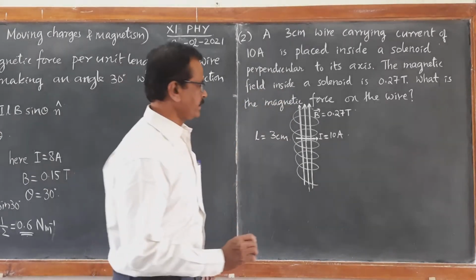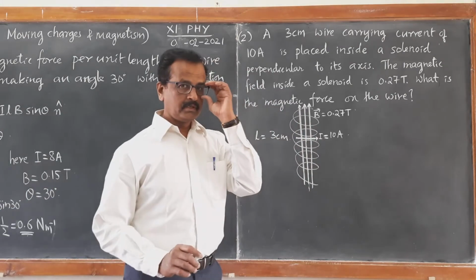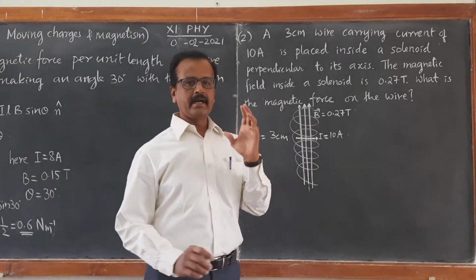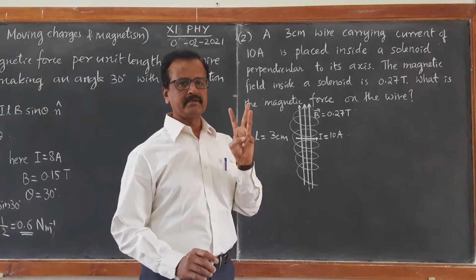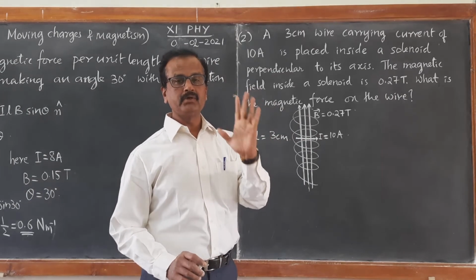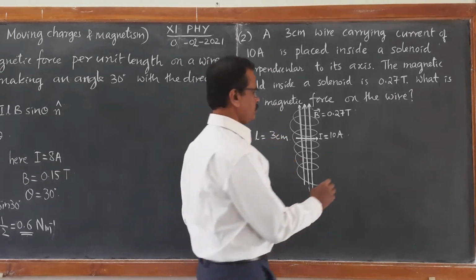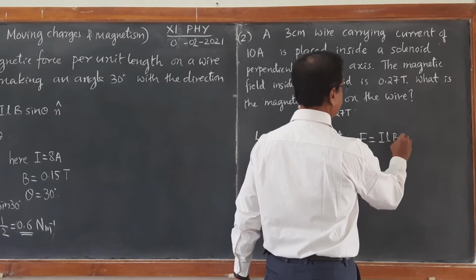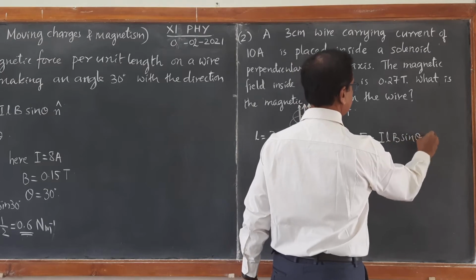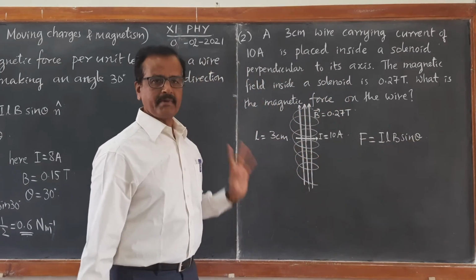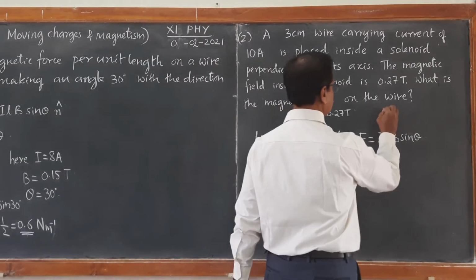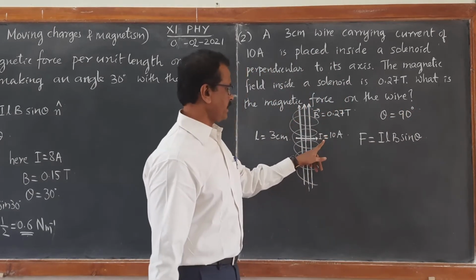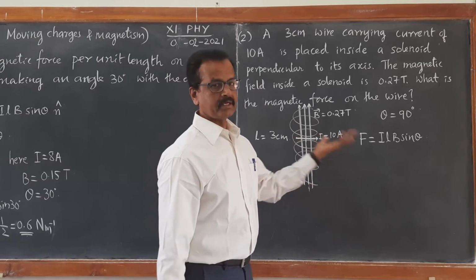Very simple. Again, we have a current carrying wire of length 3 centimeter kept perpendicular to the magnetic field. The magnetic Lorentz force is again given by F = ILB sin theta. Here it is kept perpendicular to the magnetic field, so theta is equal to 90 degrees. B is given, current I is given, length is given, so one can directly solve this.